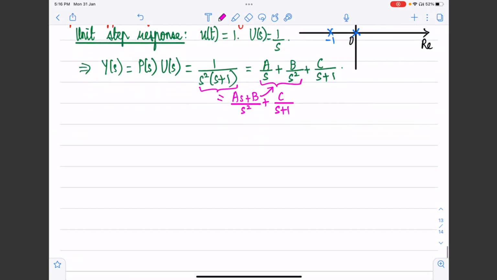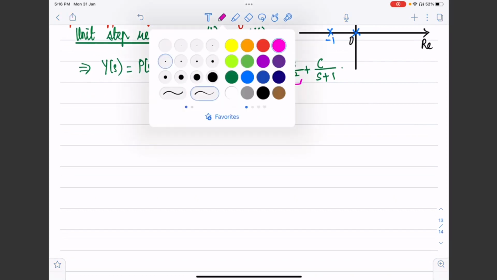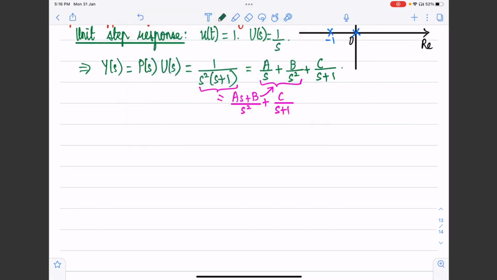Now I leave the calculation of the residues to you as an exercise. We can get the residues for B and C very easily based on the method that we have already learned.